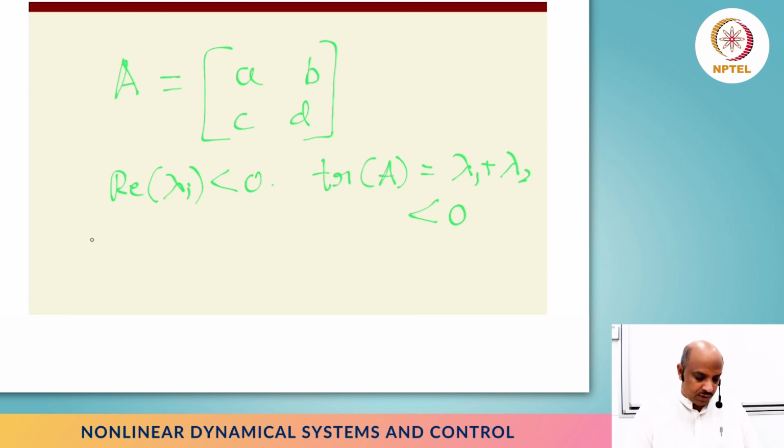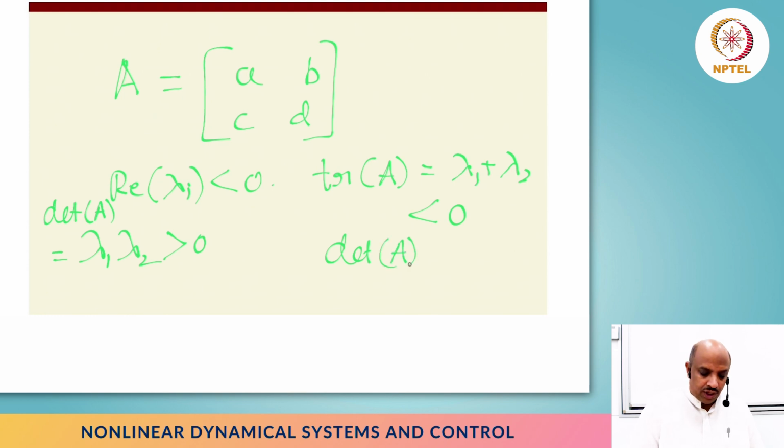And the determinant is the product of the two eigenvalues, and if they are complex conjugates, this will be positive by default. And if both of them are real, we know that they have to be negative, so again the product is positive.